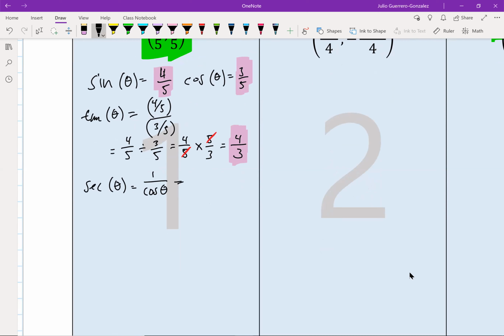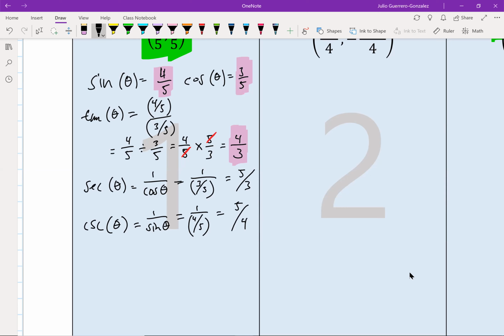We know cosine is 3 over 5, so 1 over 3 over 5, which is 5 over 3. Cosecant of theta is 1 over the sine of theta, which is 1 over 4 divided by 5, which is 5 over 4.